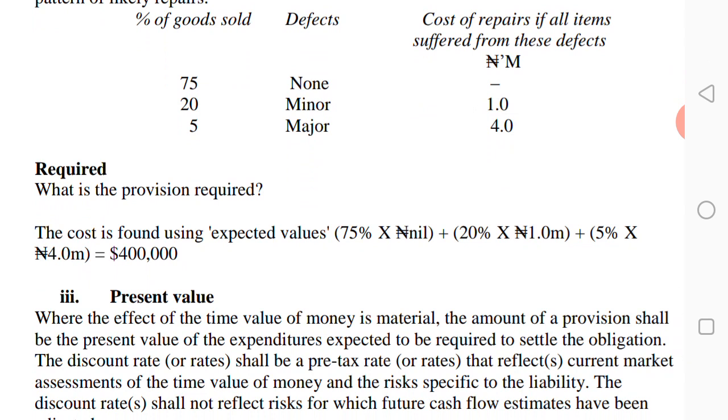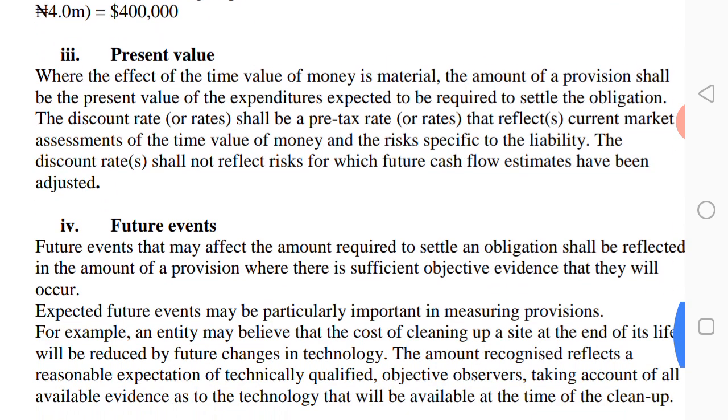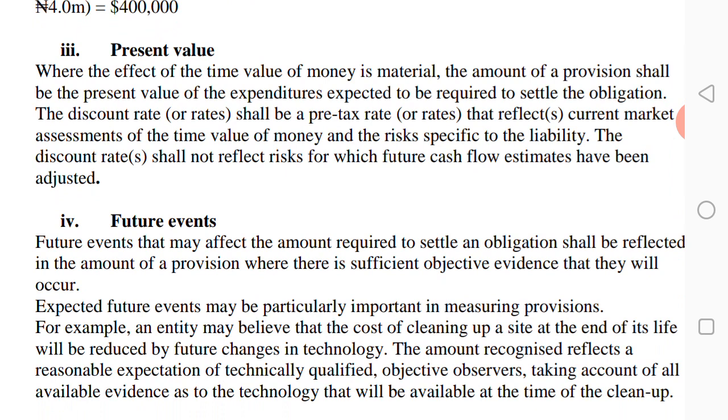We have 400,000 naira as the provision that will be recognized, which is you will debit profit or loss account and then credit current liability as provisions. Depending on the timing of that provision, it may be current or non-current.